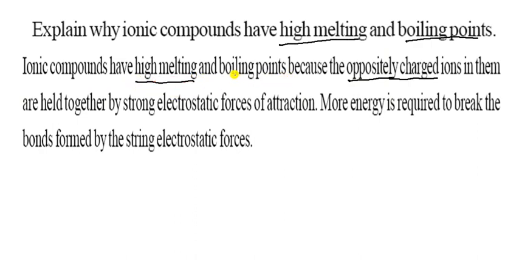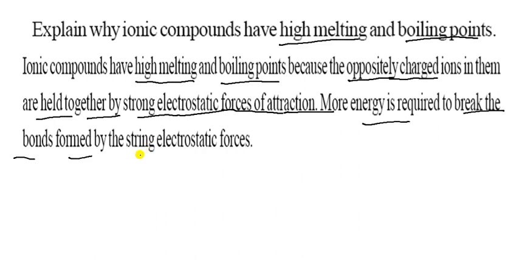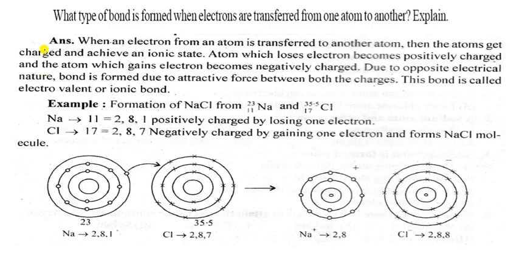Let us see the second question. Explain why ionic compounds have high melting points and boiling points. मैंने बताया था इसमें they have two types of charge, positively and negatively charged, and they are attracting each other. So that's why ionic compounds have high melting points and boiling points.